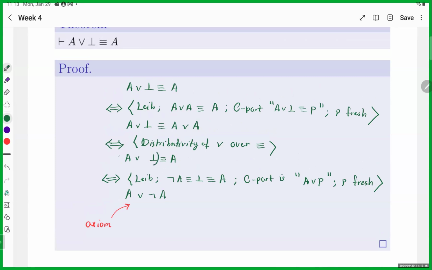Because the disjunction has priority over equivalence, if you didn't write the brackets, I read this as A or bottom is equivalent to A, which is wrong. A or bottom is not equivalent to A. It's certainly not equivalent to the previous step. So this is just a distributivity. A or B is equivalent to C is equivalent to A or B is equivalent to A or C.